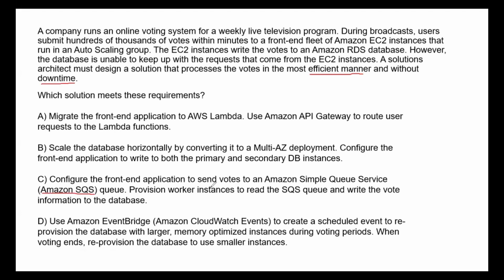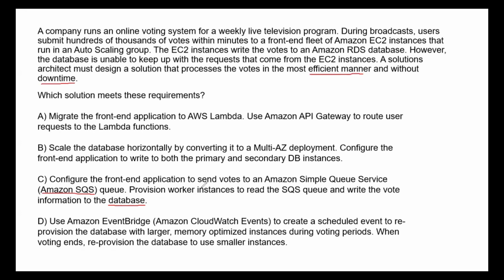Configure a front-end application to send votes to the SQS queue. So we create an SQS queue and we configure the application to send the votes to it, and we provision the worker instances, which are the receiving component of the application, to read the SQS queue, process it, and then write the information to the database.